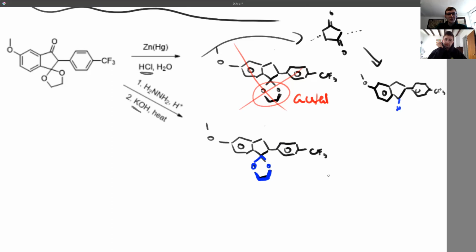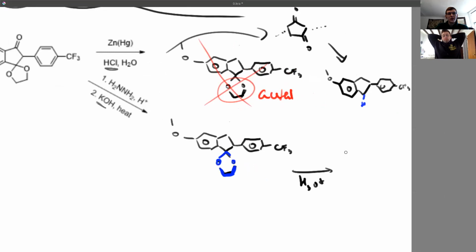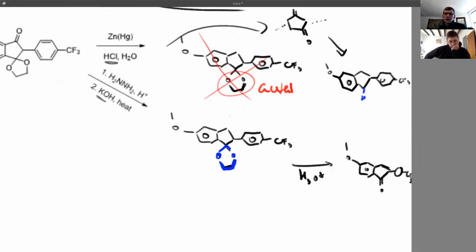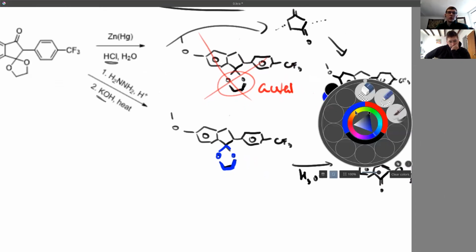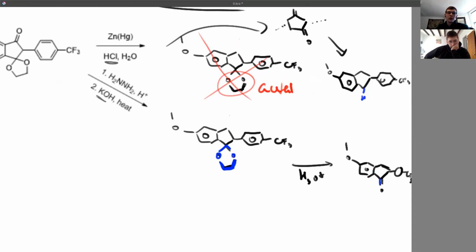So if you were to imagine, for example, doing an aqueous workup to this now, this would be nice because we would get to keep one of those 2 ketones. Compared to in the other case where we had to get rid of that ketone because it was under acidic conditions.